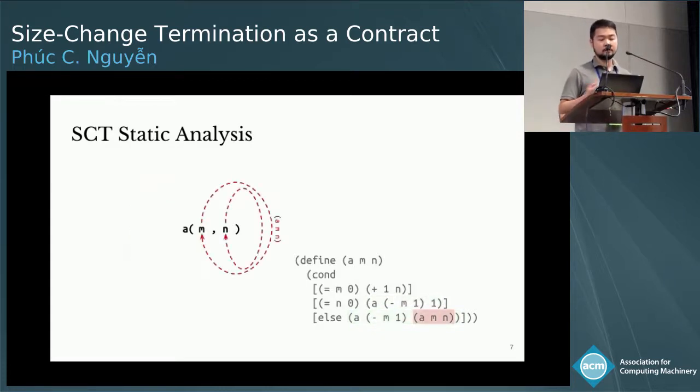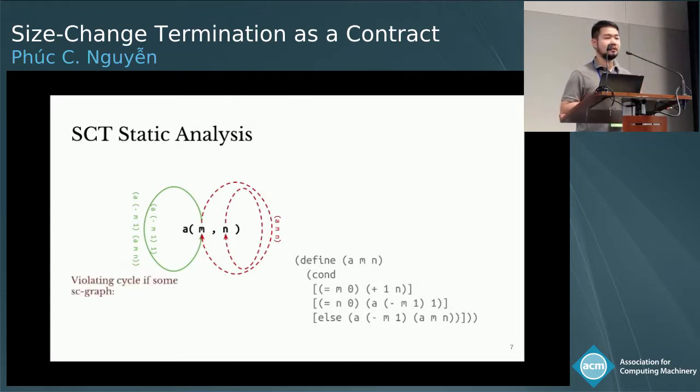For the inner recursive call of this buggy ackermann program, the only relations that we can prove is that each argument maintains from the caller to the callee. So the compositions of size change graphs are size change graphs that describe how arguments descend across transitive function calls.